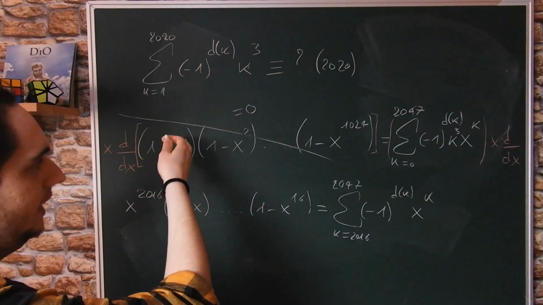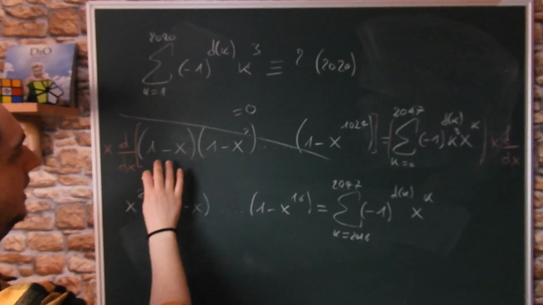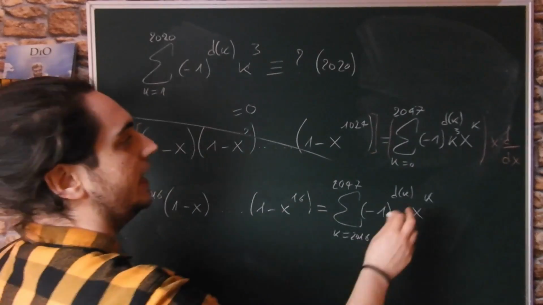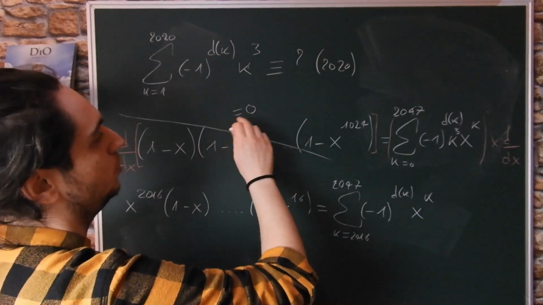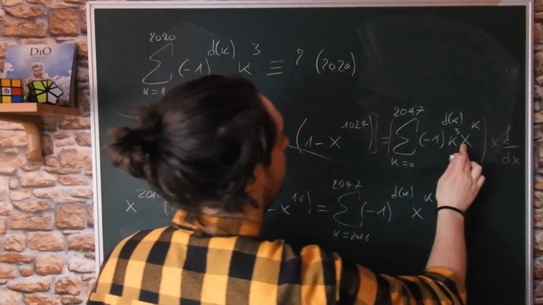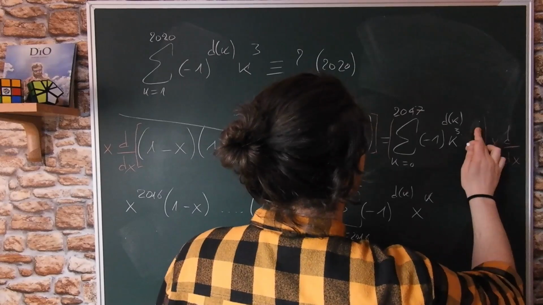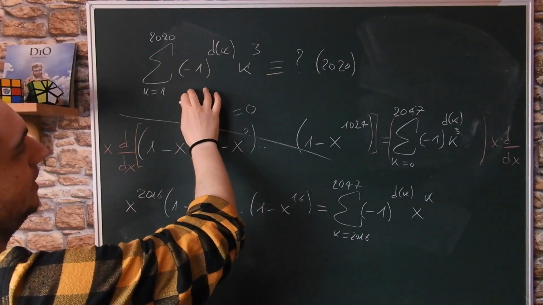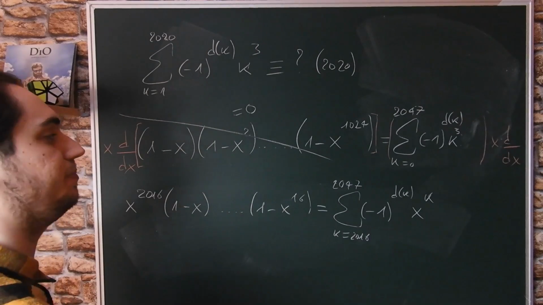Why? Because there is, again, a single term of this form in any of the factors. And this, if we substitute x equals 1, will be exactly a formula of this type.